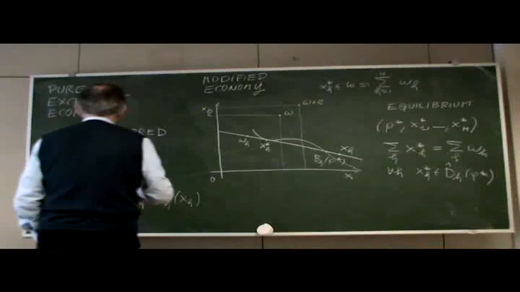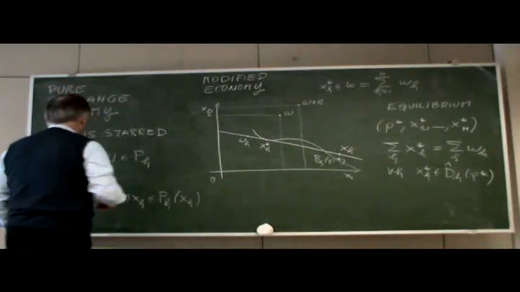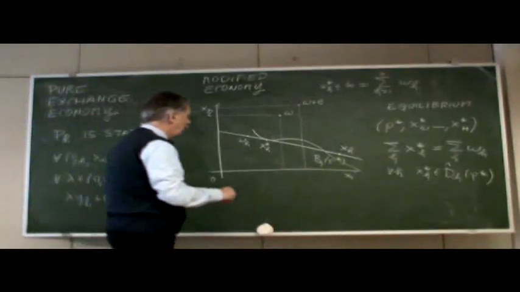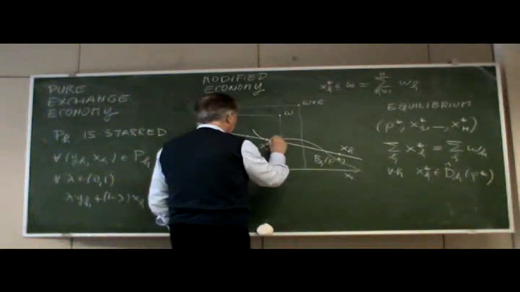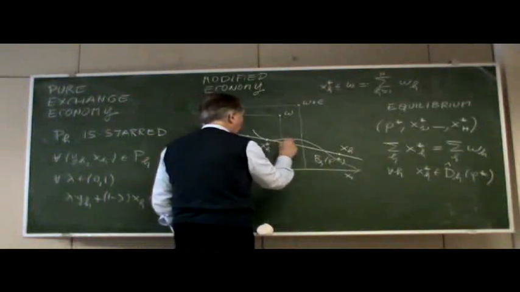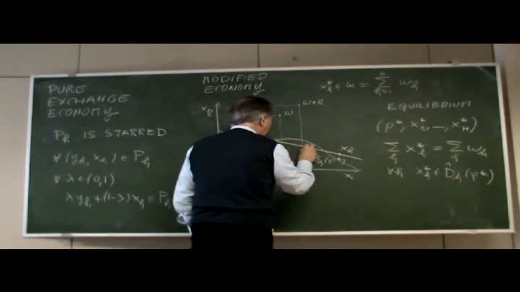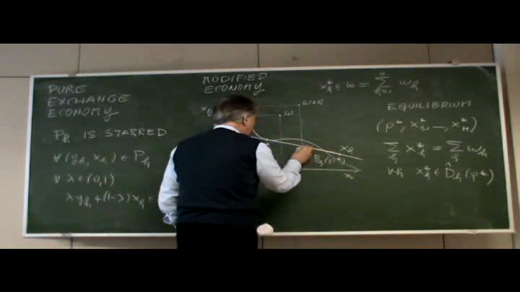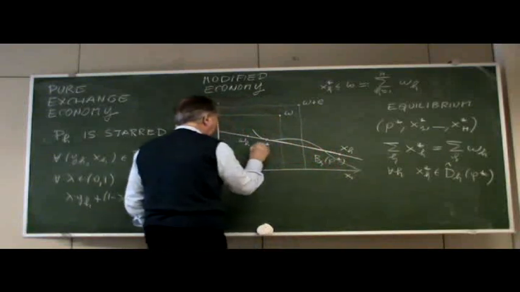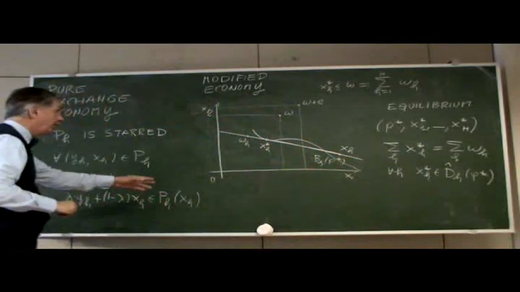But this is impossible by starredness of preferences. When you unite X star H with XH, all the points along this segment must be preferred to X star H by this property.